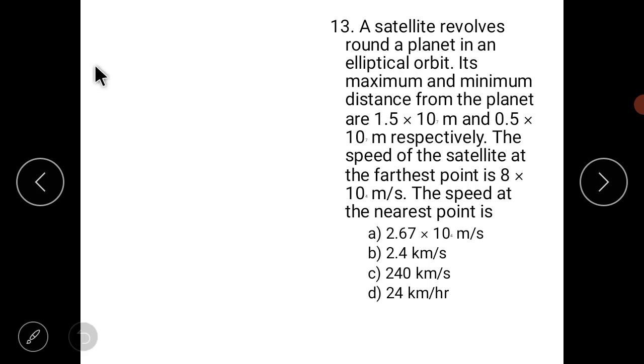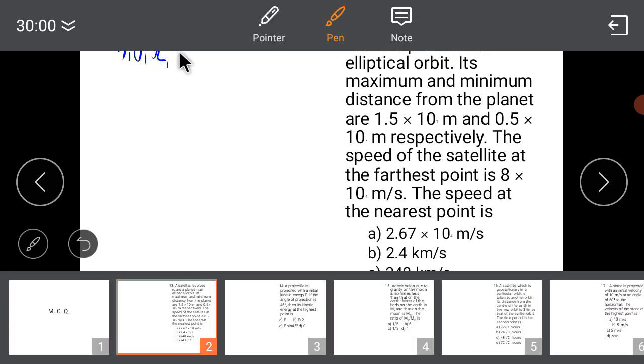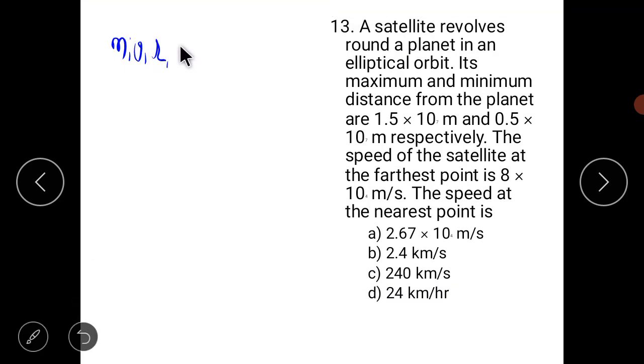We already know that a satellite revolving in an elliptical orbit has the same angular momentum, so we can write m1 v1 r1 is equal to m2 v2 r2.